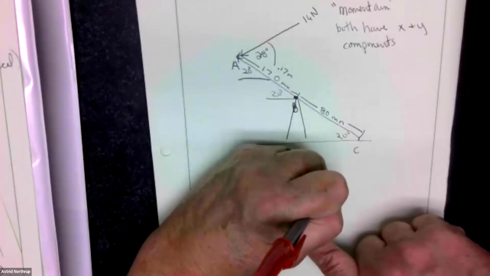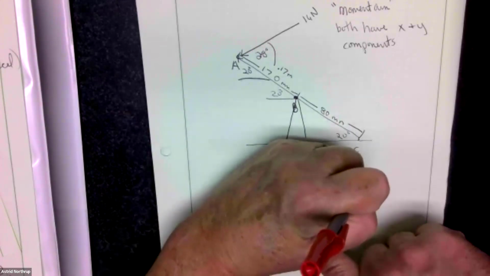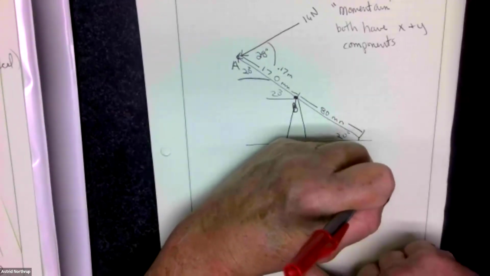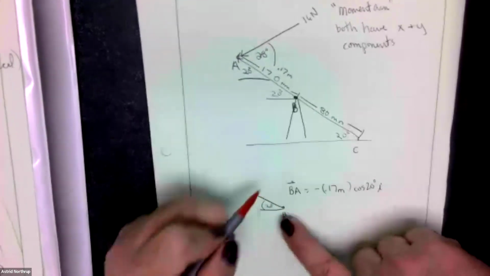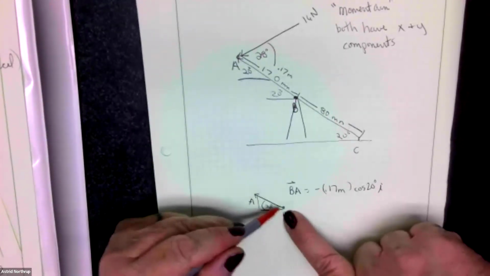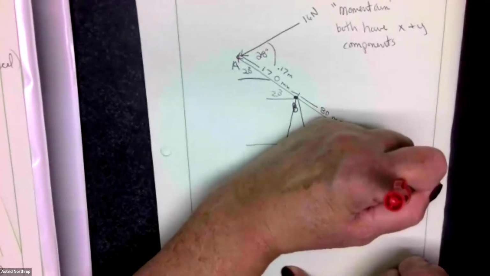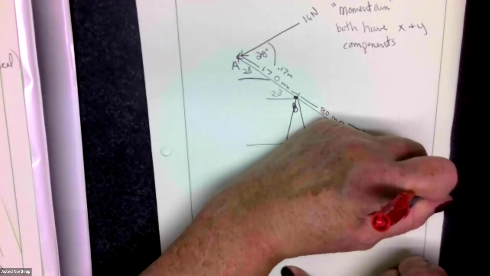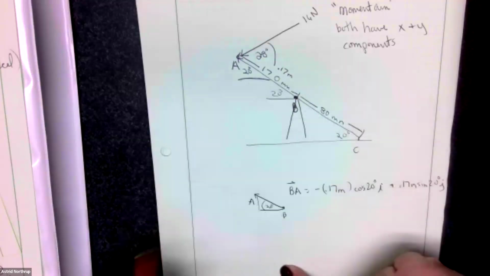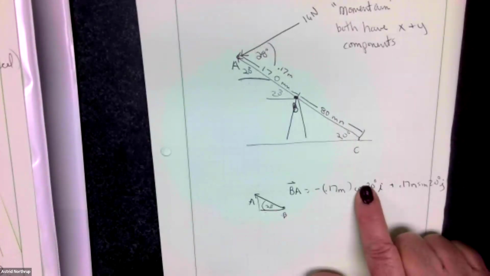So it's going to be 0.17 meters times the cosine of 20 degrees in the I direction. Now in the J direction, or the Y direction, it's positive because it goes up from B to A. So it's going to be plus 0.17 meters times the sine of 20 degrees J. All right, and you can work that out.